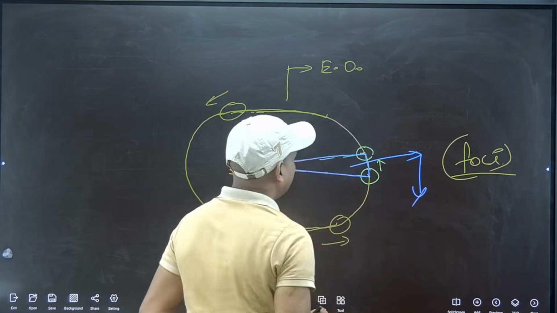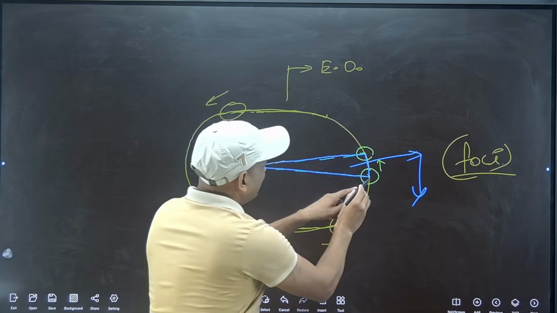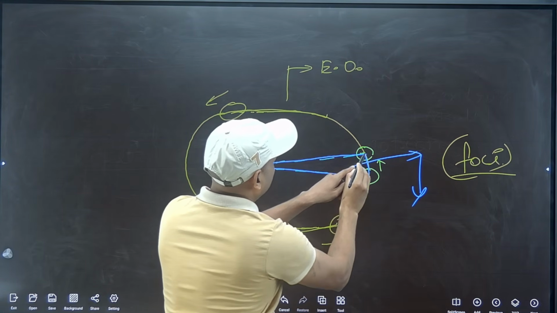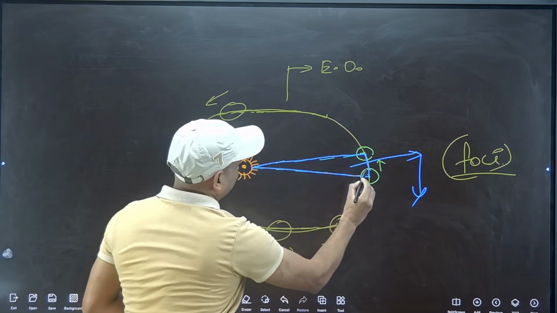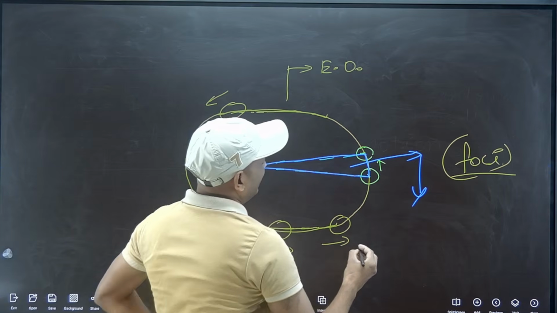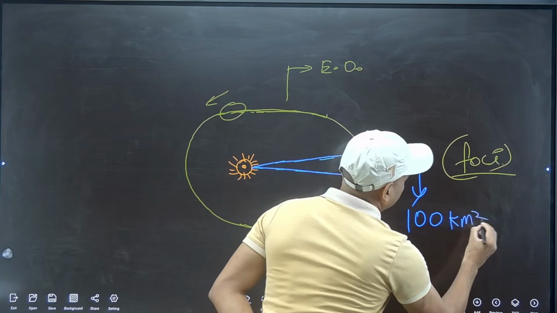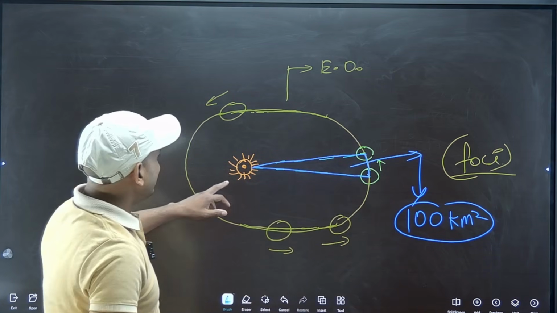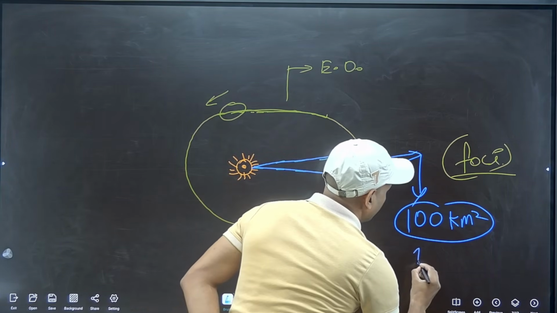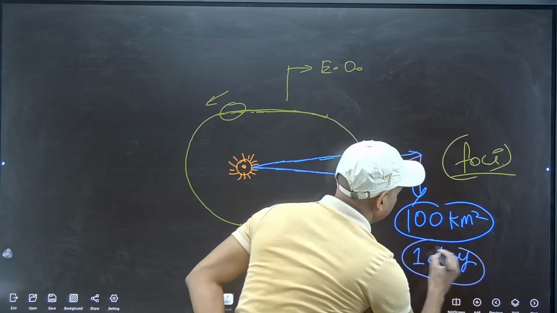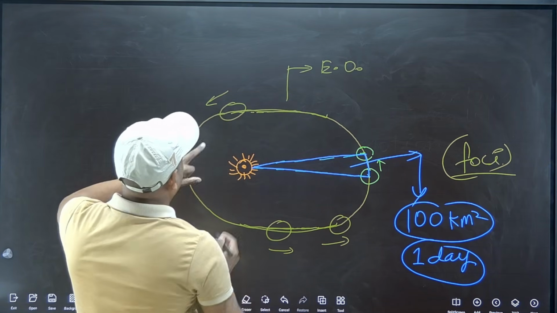Let's say the Earth moved from point A to point B in one day and covered this entire area, which is, let's say, 100 square kilometers. So the Earth covered this area of 100 square kilometers in one day, meaning 24 hours.